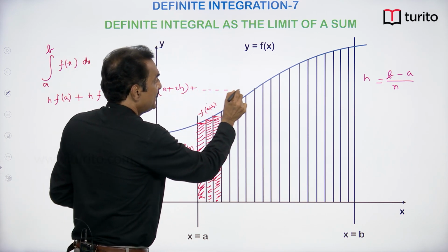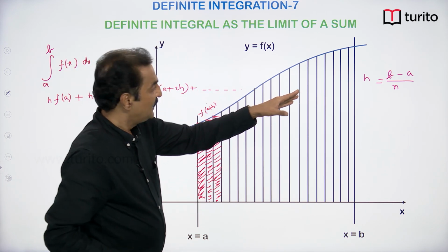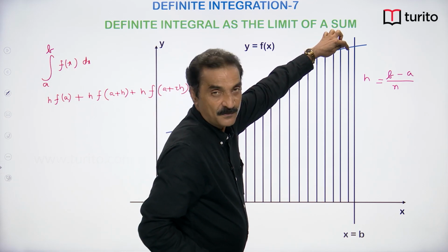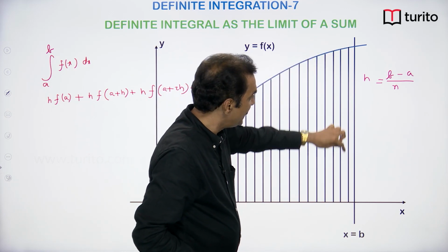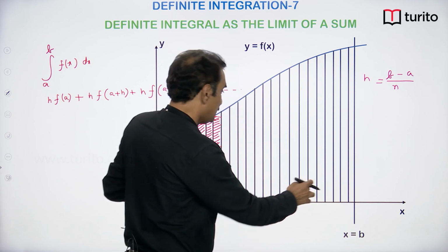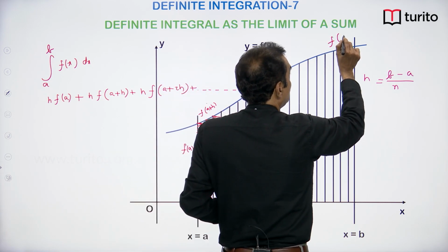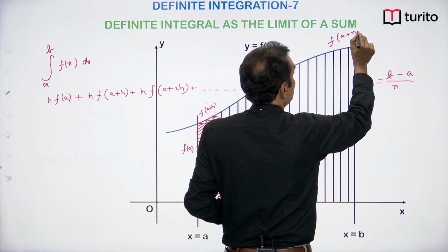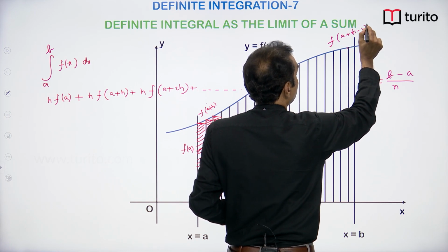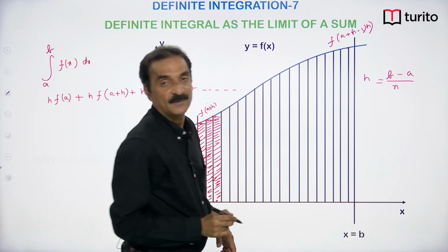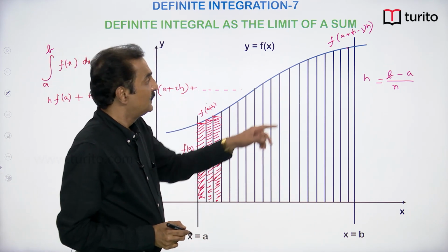In this way, till the last but one point, what is the height? This height will be f of a plus n minus 1 into h. Is it not?